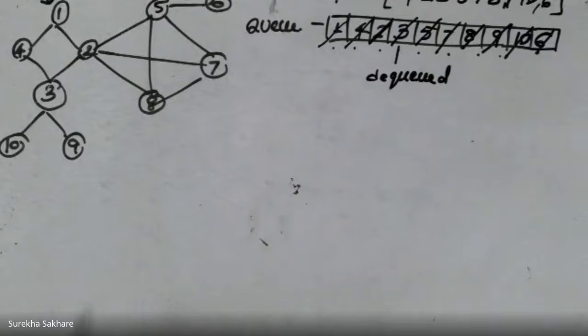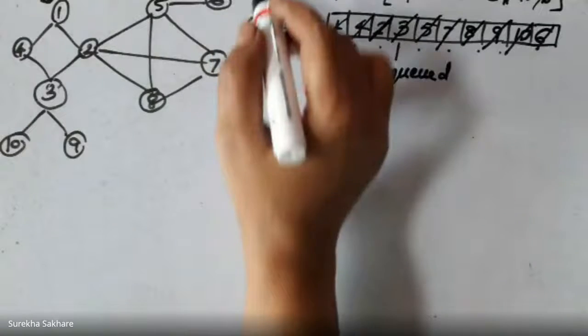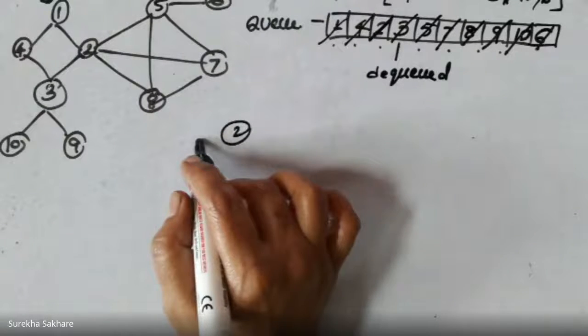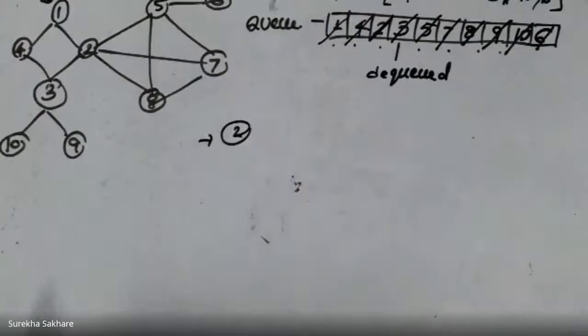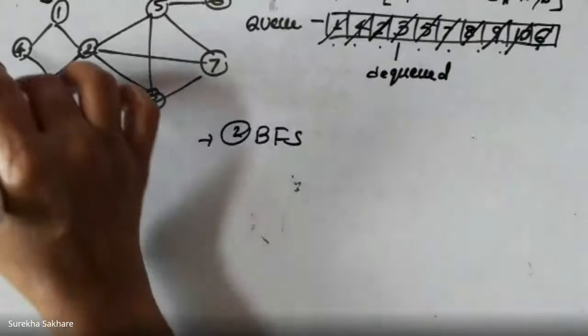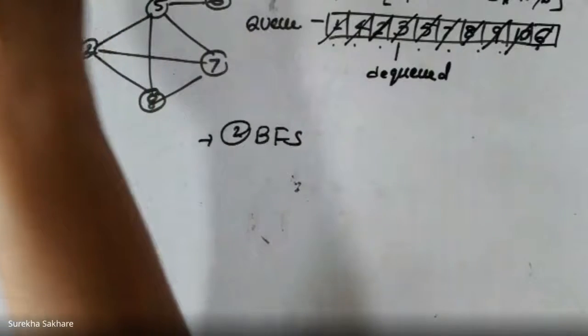Now you can have different searches. Suppose this is one output. I can go for the output in a second fashion, which is BFS number 2. Suppose I start from 4. This is my start. What will I do?